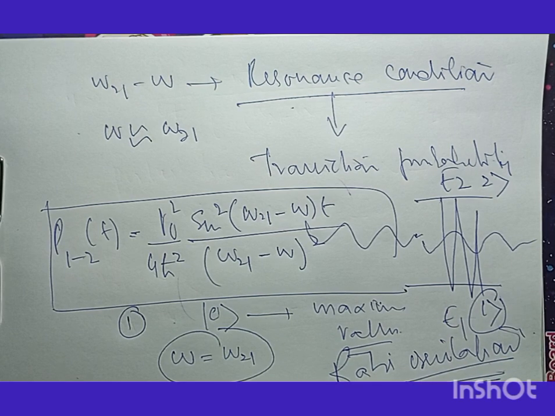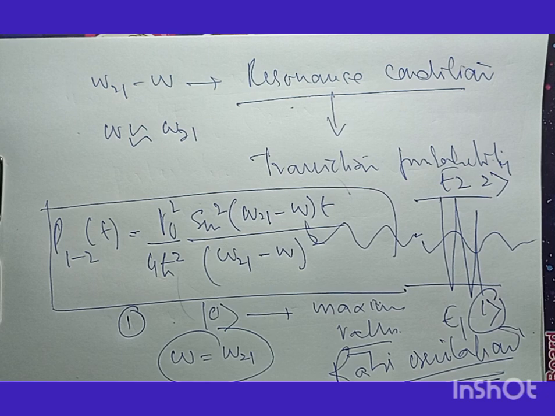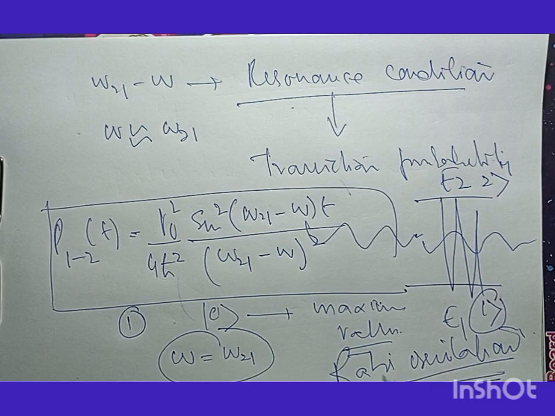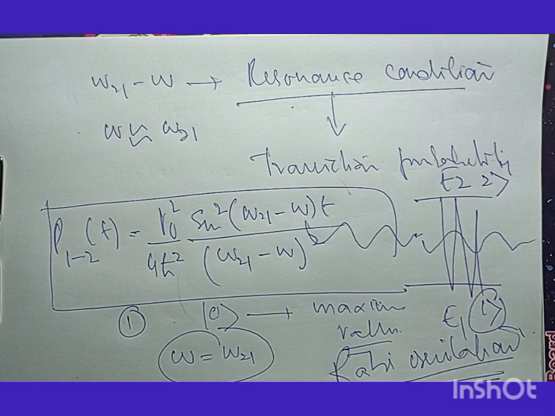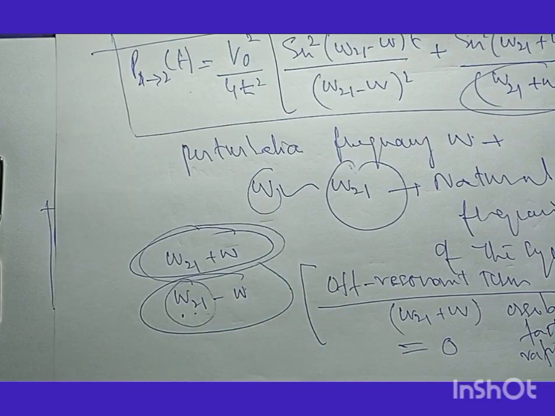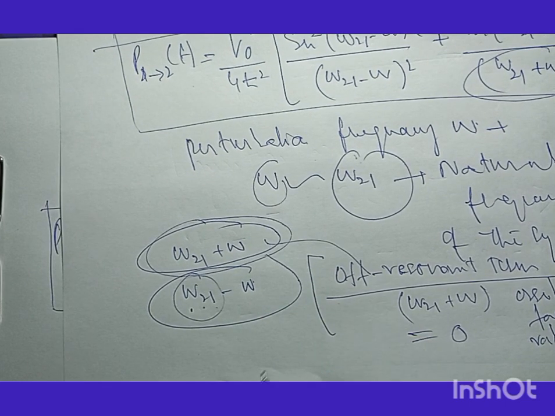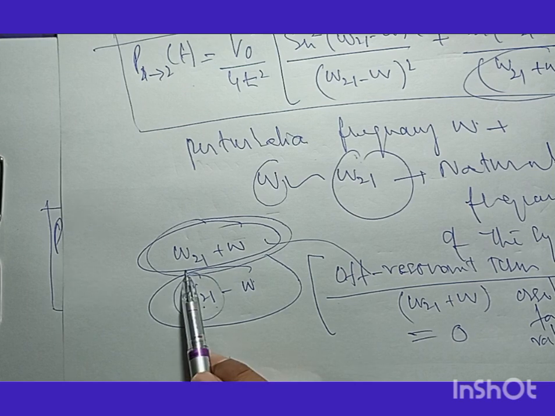Now, what could be the physical interpretation of what we have come up with till now? We have the off resonance, a condition when omega is far from omega 21, and the transition probability is very small because the system cannot efficiently absorb the energy. And this is our off resonance occurring due to omega 21 plus omega.